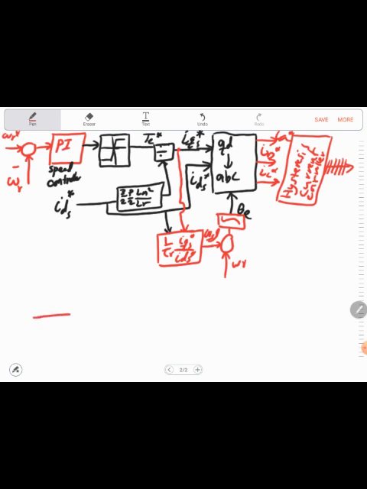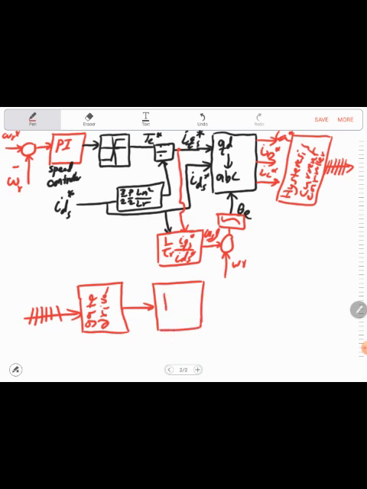Now the gate pulse will go through the gate driver, and it will synchronize the switches in the inverter, where here the machine is connected. This is the induction machine.